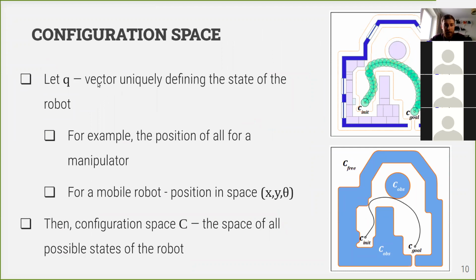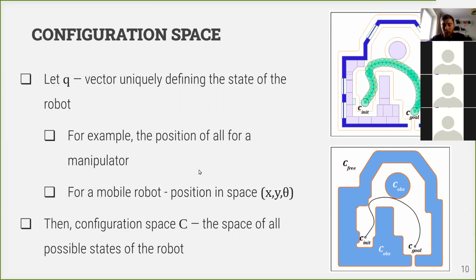As we already discussed, the configuration of a robot is a state of the robot, which can be different for different types of robots, or even for the same type of robot, it can be different depending on the task. So for example, we can have a manipulator or robotic arm, and the position of all links or joints is something we can call the configuration of such a robot.